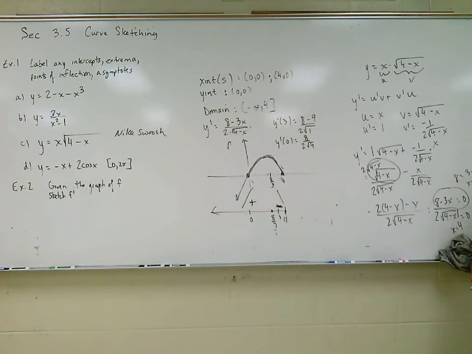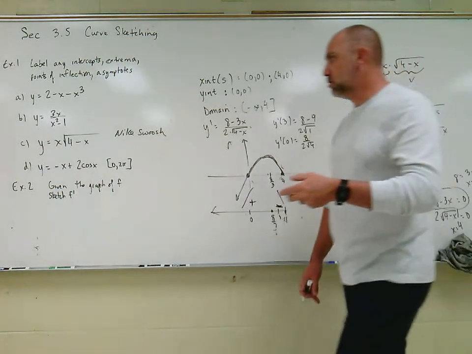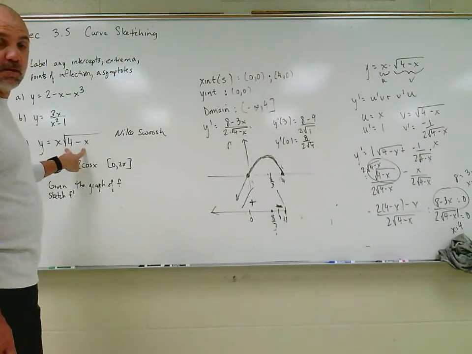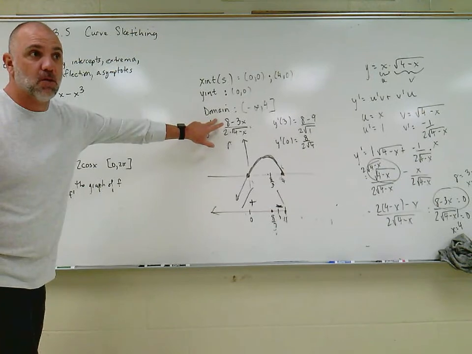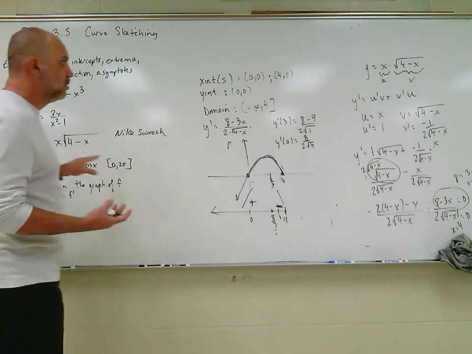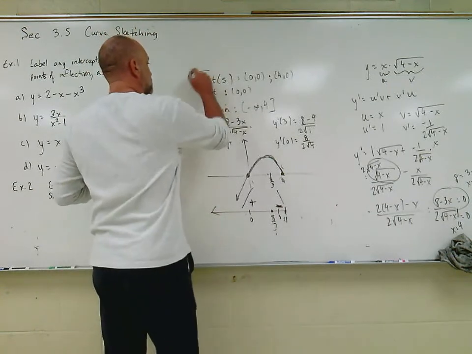Probably, what do we need now? Look at all that stuff. Intercepts, we got extrema. Got to plug that 8/3 in. That's a bit of a pain. That's not gonna be fun. You just plug it into here though, but it's just not gonna look pretty. Like, don't plug it into here because you're gonna get 0. Plug it into your y. So we've got all this, which is good.